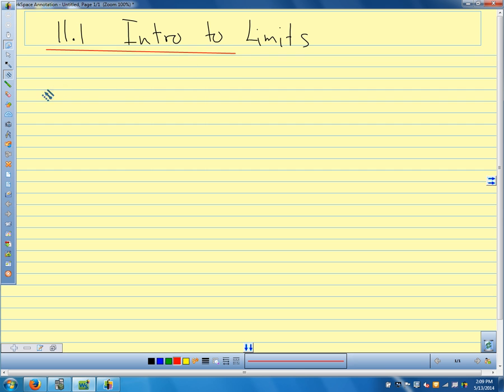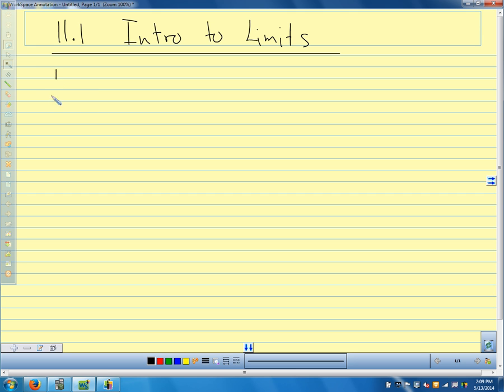So what we're interested in with limits is we have some function and we want to know what that function gets close to as our independent variable, as x approaches some number.